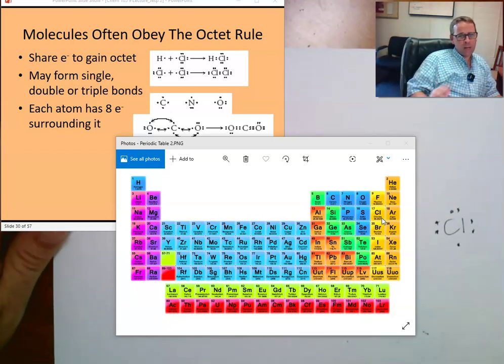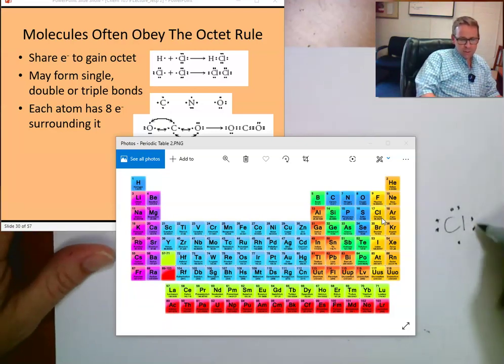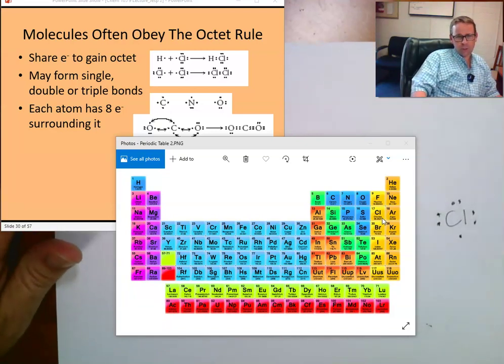We want to make sure we recognize that when we draw 7 electrons around chlorine, or if we're talking about sulfur, if we draw 6 electrons around sulfur, we're not drawing the total number of electrons. It's the number of valence electrons, okay?